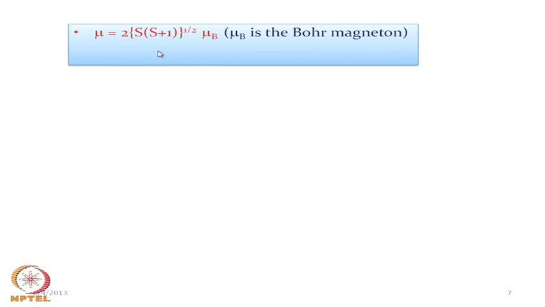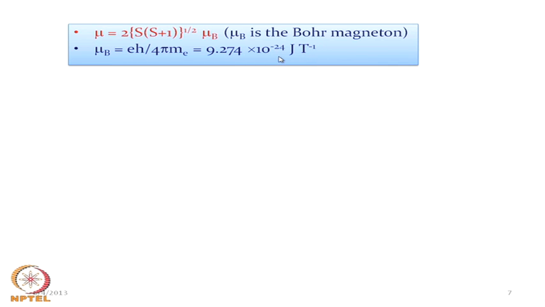So, what we find is that when we know the total spin value of the system, that means the S value is equal to half the total number of unpaired electrons, then we can correlate it to the corresponding magnetic moment as the mu value, which is nothing but twice the square root of S into S plus 1, times mu B. mu B is the Bohr magneton, which is a constant term, and mu B is equal to eh by 4 pi m e, where m e is the mass of the electron, equal to 9.274 into 10 to the minus 24 joule per Tesla.